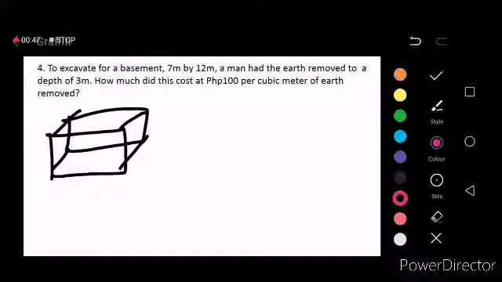We have 7 by 12, and then the depth is 3. But that's not the concern. How much did it cost daw if we need to pay 100 pesos per cubic meter of earth removed? Simple lang. Edi, get the volume and then multiply it to the amount.